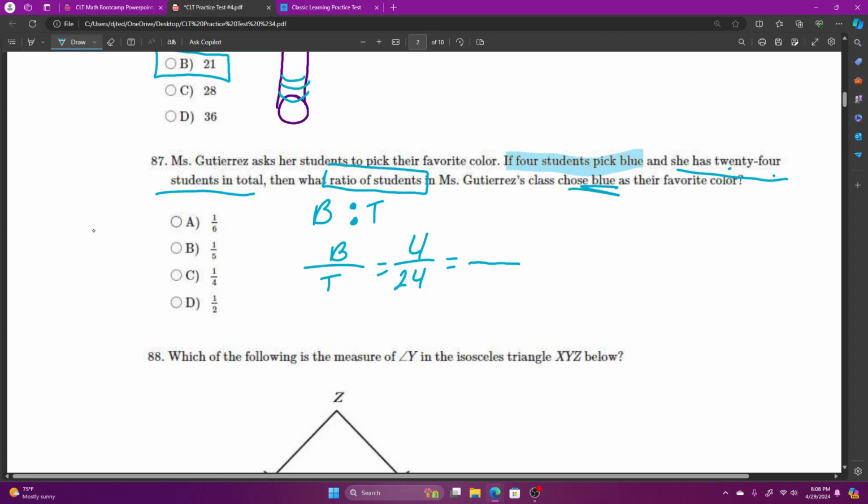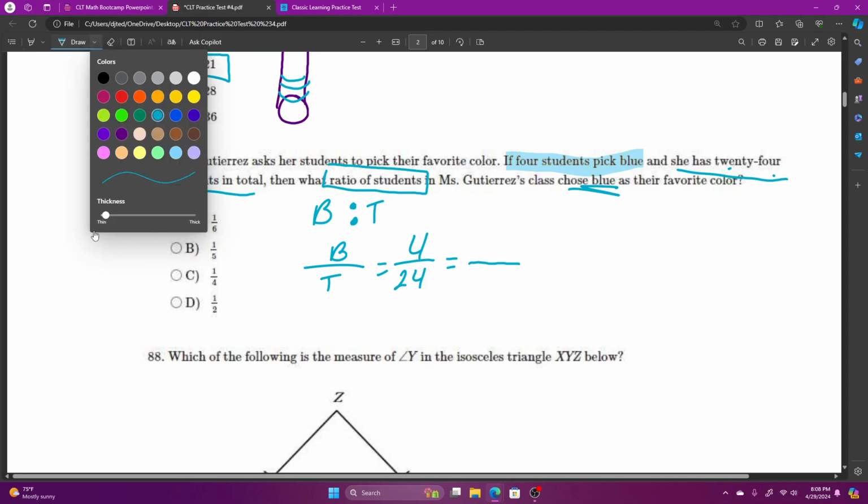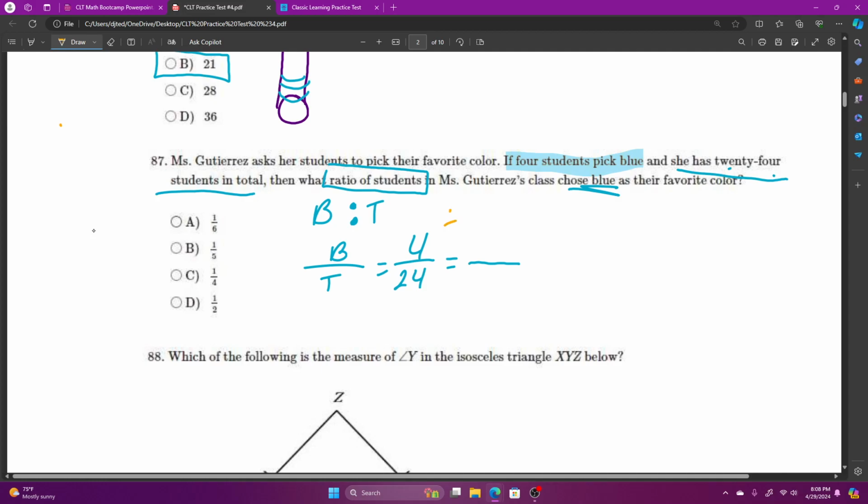All even numbers can be divided by 2. So let's do that. If we divide the top by 2, whatever we do on the top, you have to do on the bottom at the denominator as well. 4 divided by 2 is 2, and 24 divided by 2 is 12.